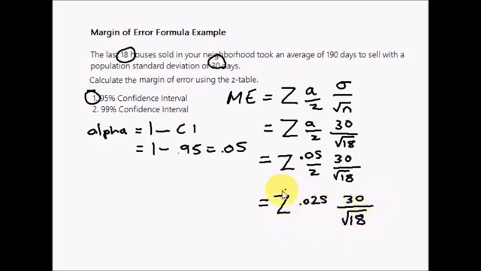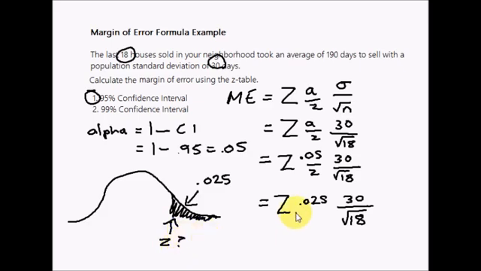So the question is, how do we find the z at 0.025? What this is asking us to do, I have a normal distribution with a tail area of 0.025. So I need to find the z-score that's right here. That's going to be this part of the formula.